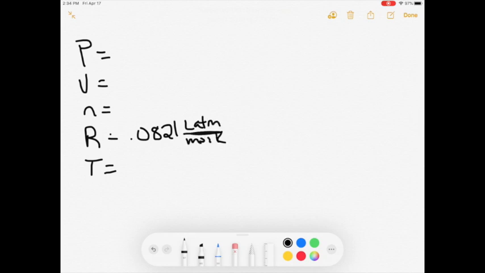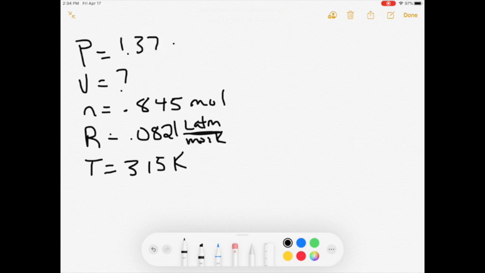And then, let's see, our moles is 0.845. And temperature is 315 Kelvin. And we're solving for volume, and the pressure is 1.37. So, I'm going to solve for volume.